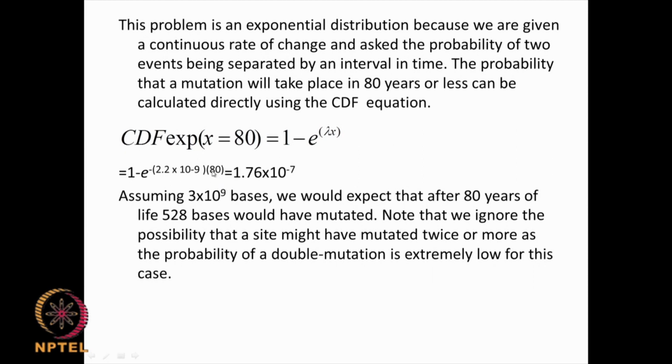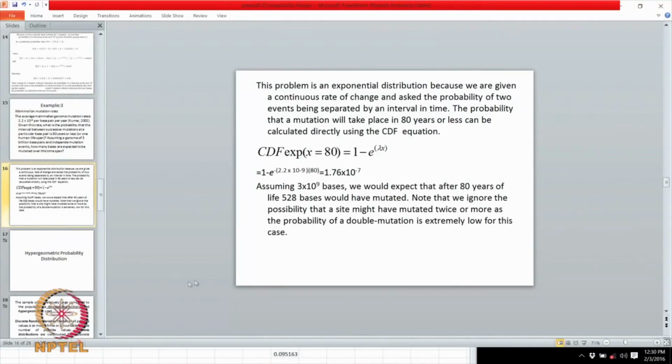So, when we multiply by 80 we will end up getting 1.76 into 10 power minus 7. So, the probability that a mutation will take place in 80 years or less is given by this particular probability.